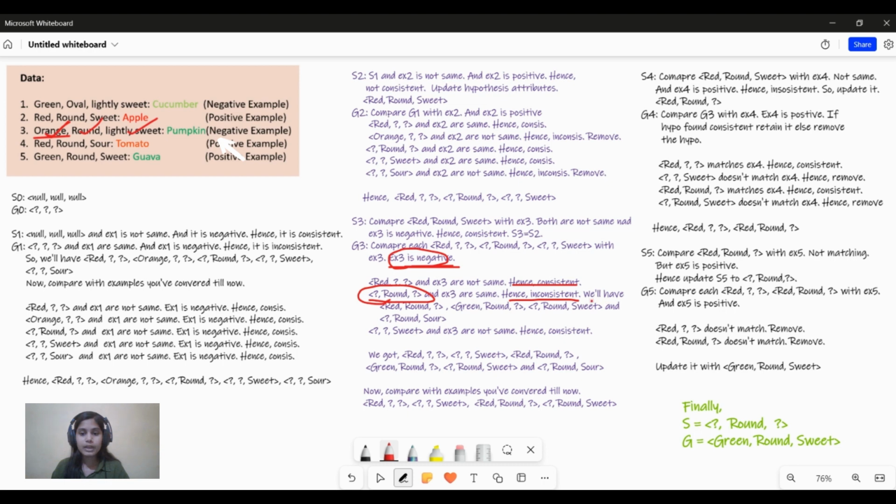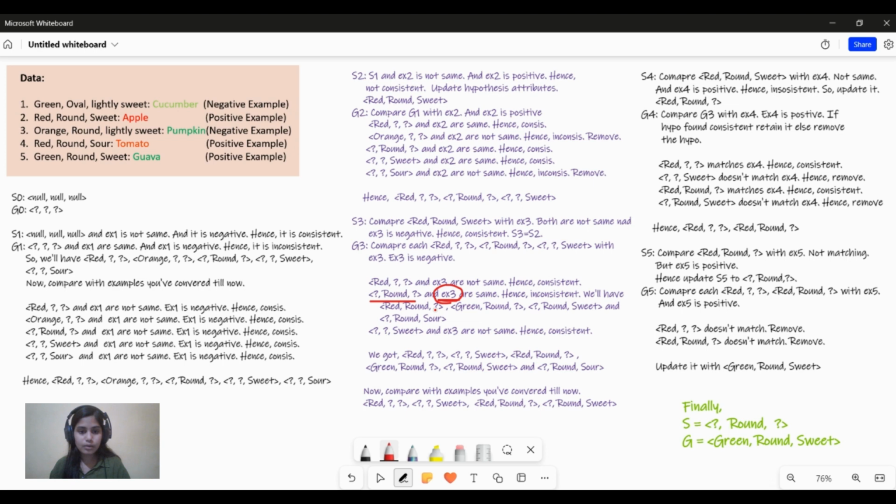So here what we will do is replace the next question mark, I mean the next attributes, with the opposite values of that attribute. Let me tell you how. If this and this are the same and example 3 is negative, we will consider this as inconsistent.